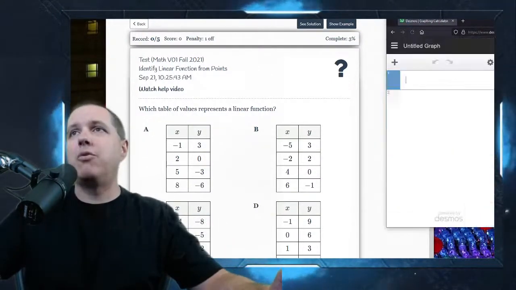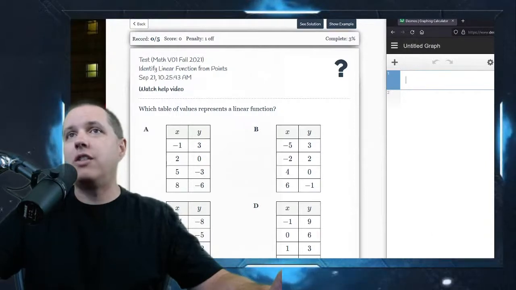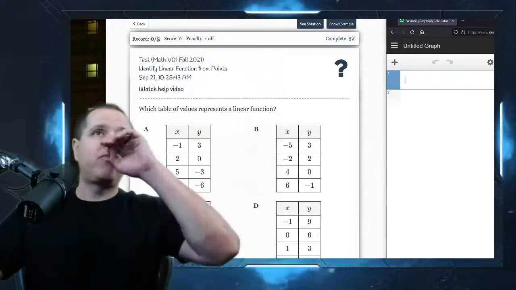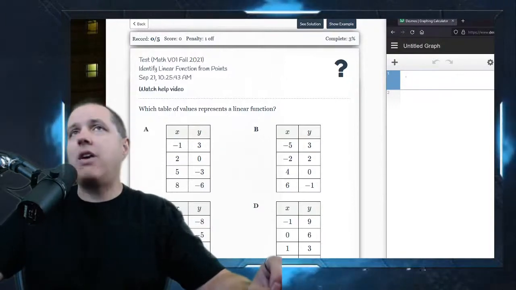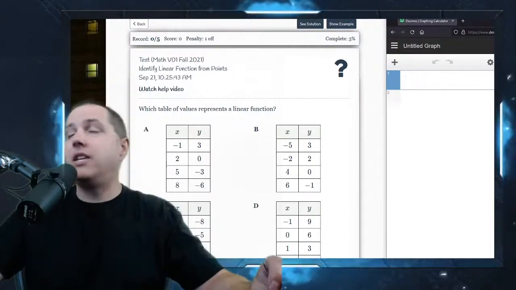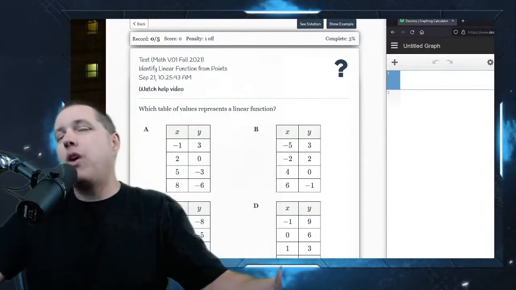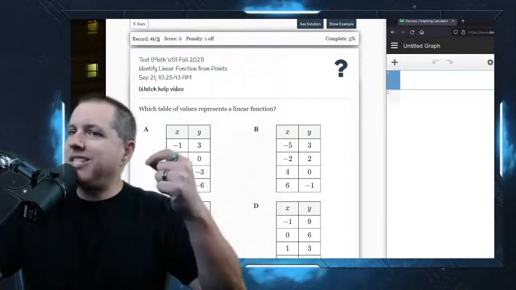You can memorize how it works, but again, we're always trying to learn, right? The learning, not just the points. So let's take a look at these. One way that you could figure out if these are points on a line is to plot them. Now that's not what they want you to do, but it's going to help us see what's going on.